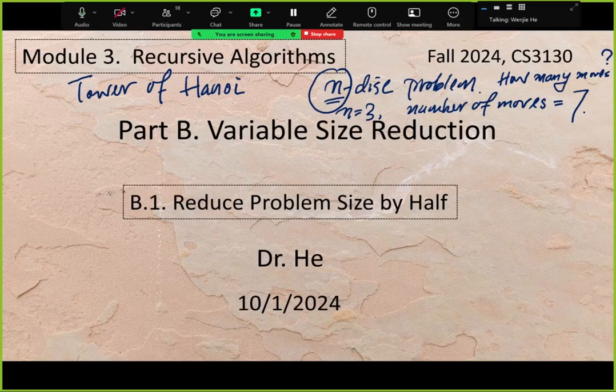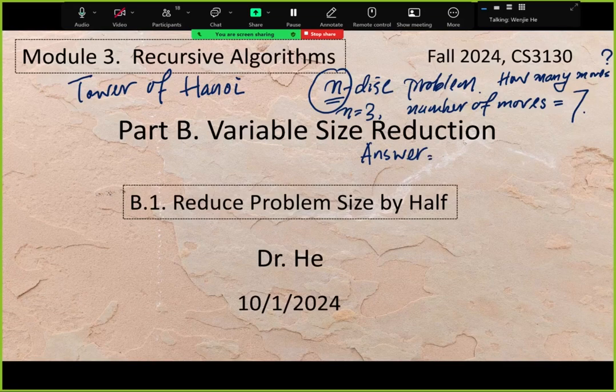I leave it to part D of module 3, because we need to solve a recurrence relation problem. So I delay this question. But I can give you the answer to that question.